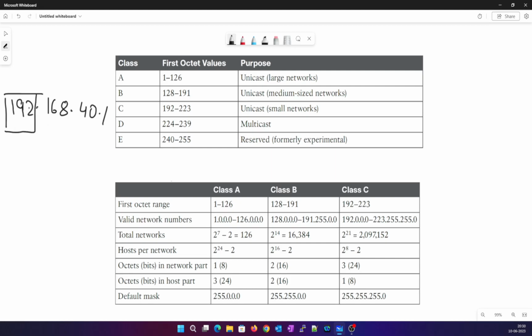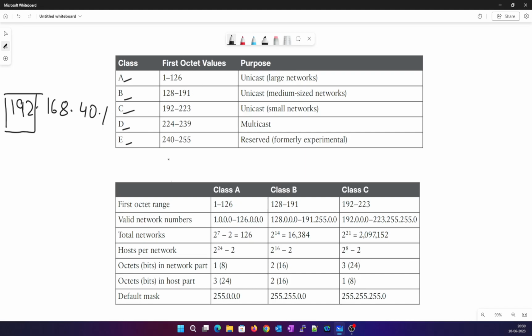Any value here, if it ranges from 1 to 126, belongs to class A. Between 128 and 191, it is class B. From 192 through 223, it is class C. Class D is 224 through 239, and class E is 240 through 255.